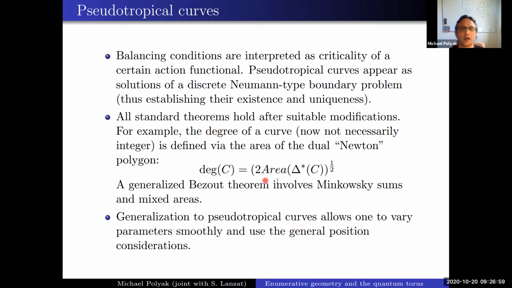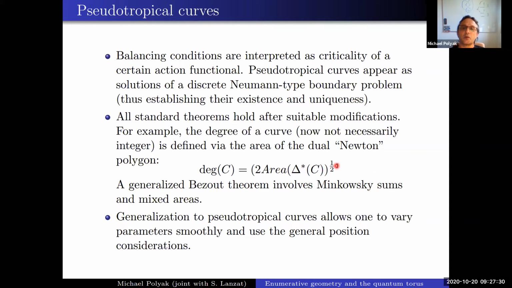So what you look at is the area of your Newton polygon now corresponding to the curve. Well, take it twice. So for the usual case of planar curves, this would be a triangle with sides of size d. So twice it would give you a square with each side of size d, and so its area would be d squared.